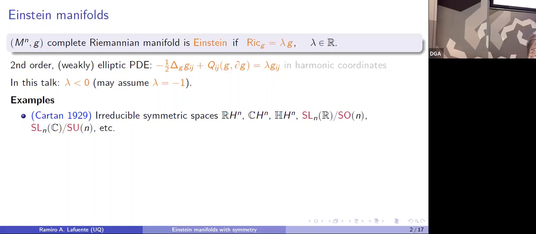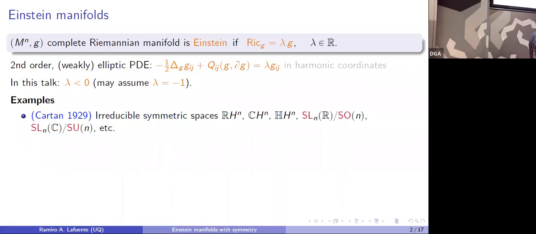The first examples are very well known, of course. Perhaps the most well-known Riemannian manifolds after the space forms are the symmetric spaces, right? So an irreducible symmetric space, in this case of the non-compact type, because I want negative constant, is automatically an Einstein Riemannian manifold. They were classified by Cartan. Here are some examples.